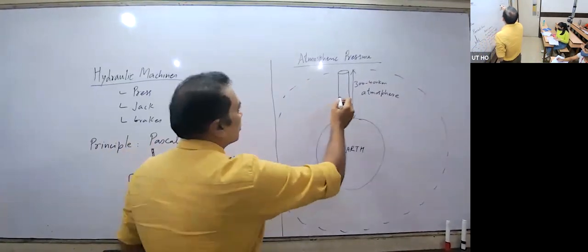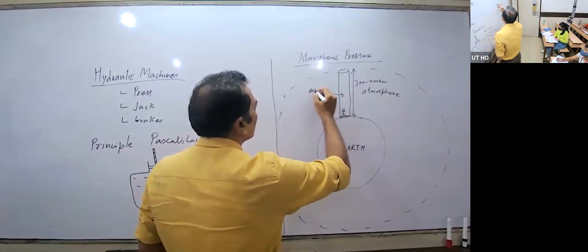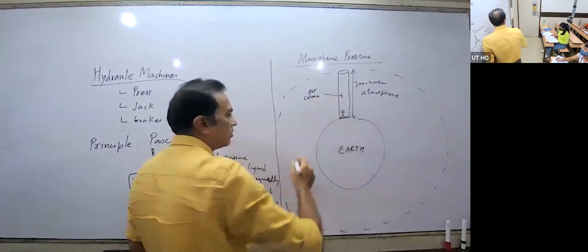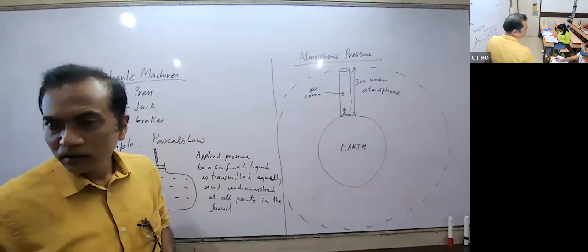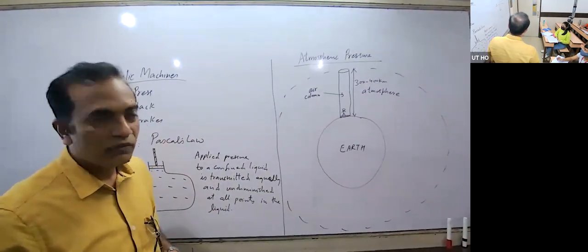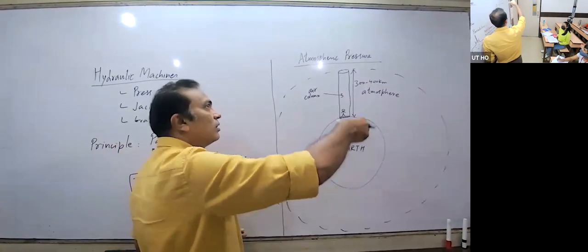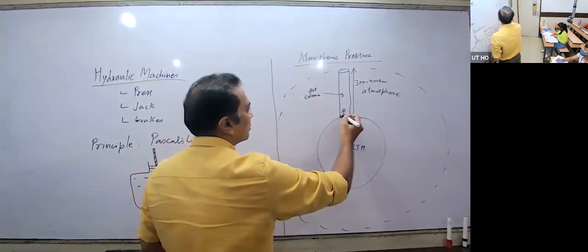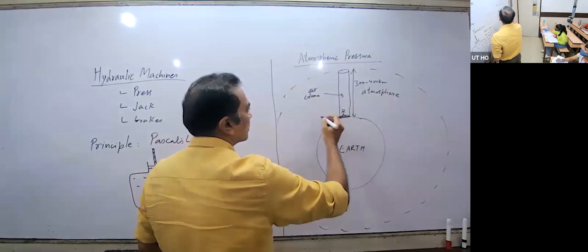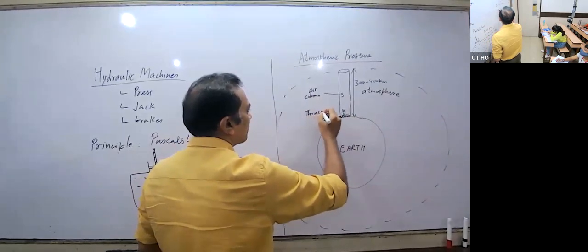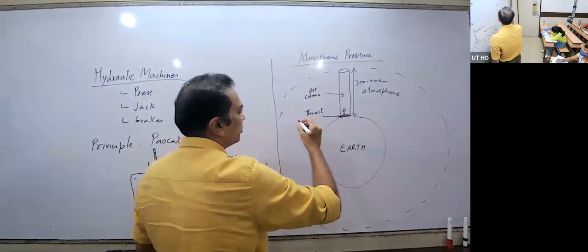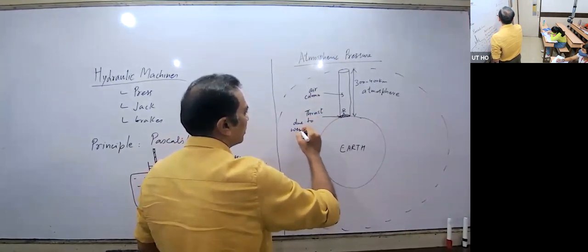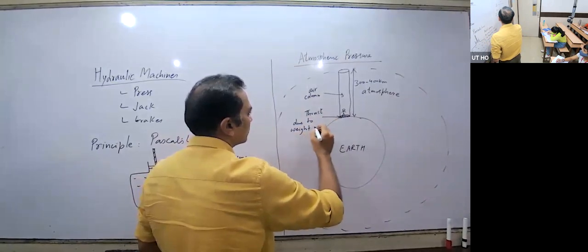So, this air column will have its weight, right? Here is fluid. So 300 kilometers of air column will apply some stress. What do you call? Thrust. So this thrust will be due to the weight of the air column.